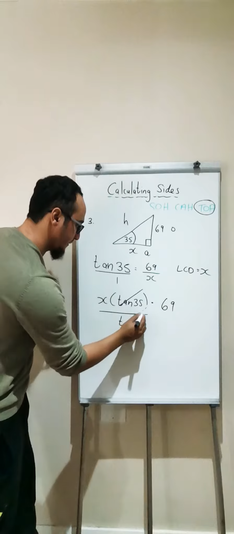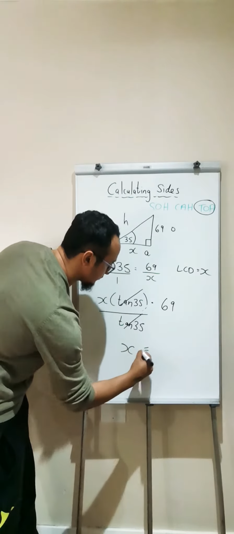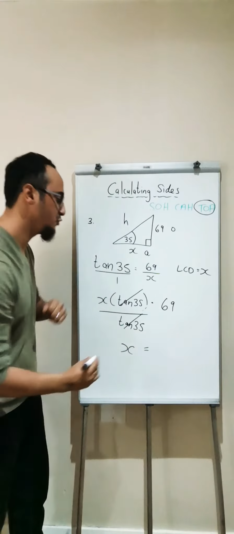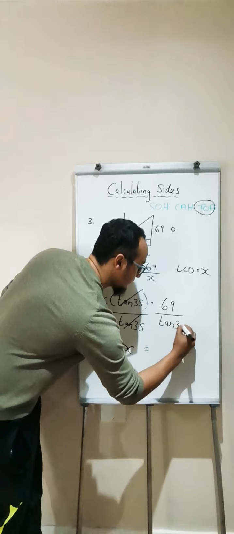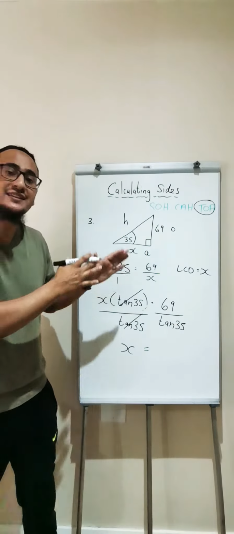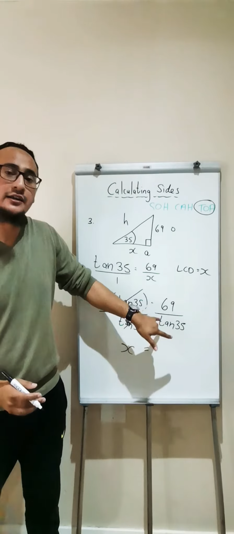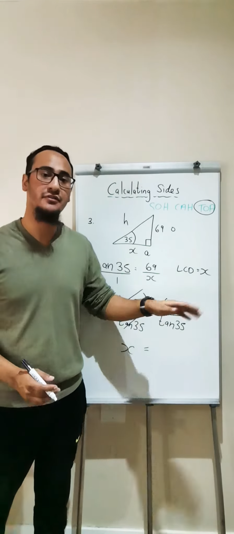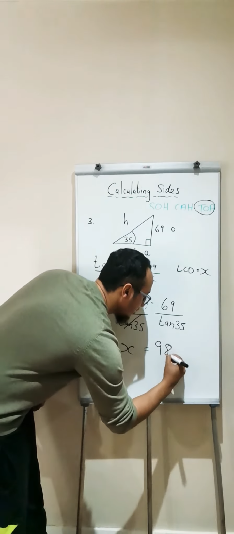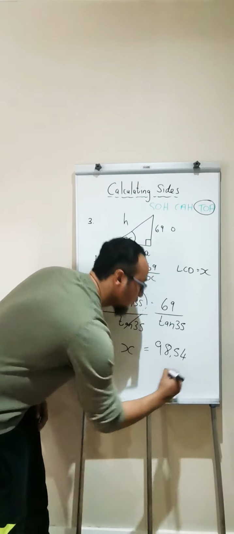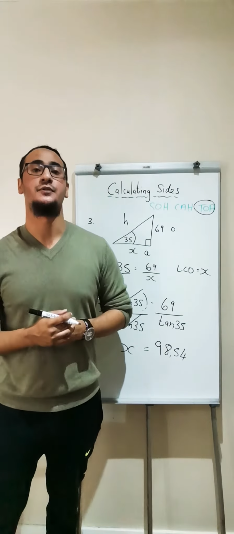Right, so that will basically divide out, and what do I have left? x is equal to, what I do on my left hand side, I need to do on my right hand side, and that is tan of 35. Now what do I type into my calculator? This over here, 69 divided by tan of 35 will give me an answer of 98,54 units. Again, do not forget to round off to 2 decimal places.